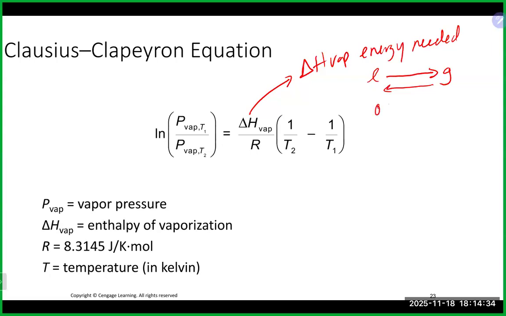By the way, that occurs at the same temperature. That is the normal boiling point of that substance is where that occurs. For water, for example, that's 100 degrees Celsius where that occurs. At exactly 100 degrees Celsius, the delta H of vaporization for water is something like 40.7 kilojoules per mole, and that's what's here. R is actually the gas constant that involves energy, is the 8.314 joules per Kelvin per mole, and these are our two different temperatures here.